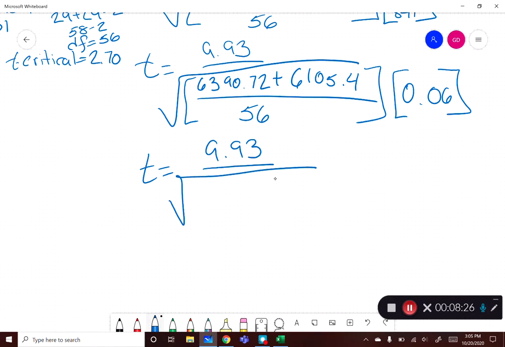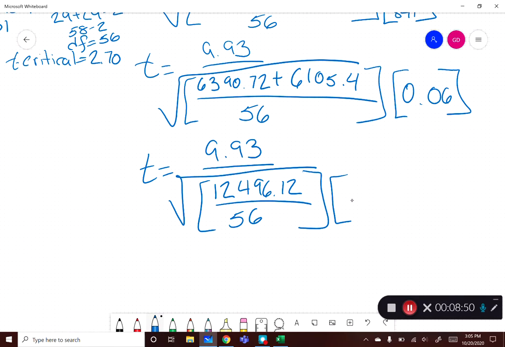Then let's add the numerator of that together, 6390.72 plus 6105.4. So we have 12,496.12 over 56. We still have the 0.06 over here.